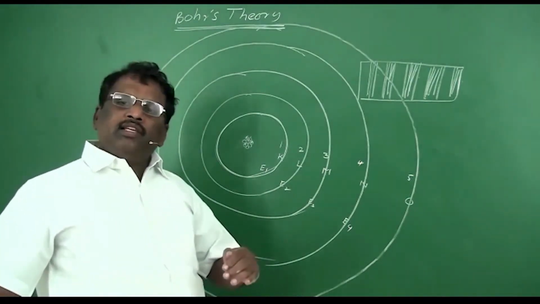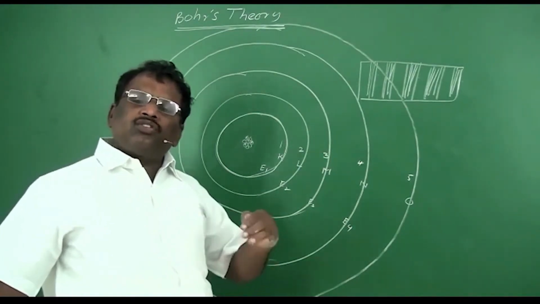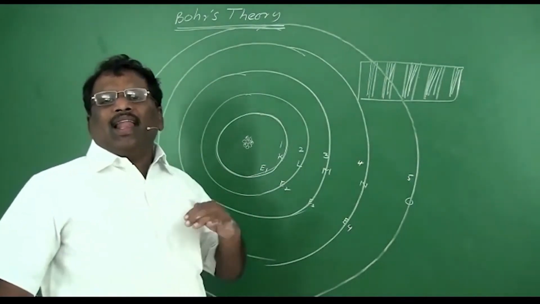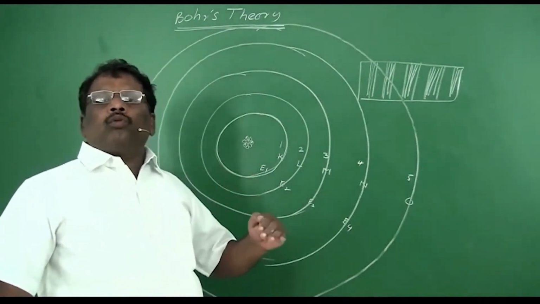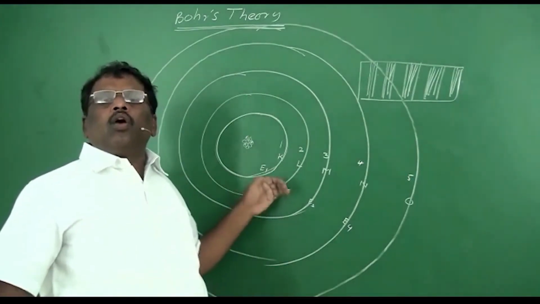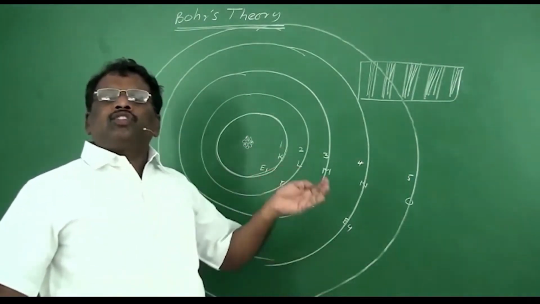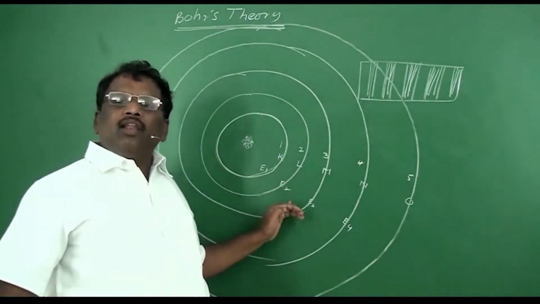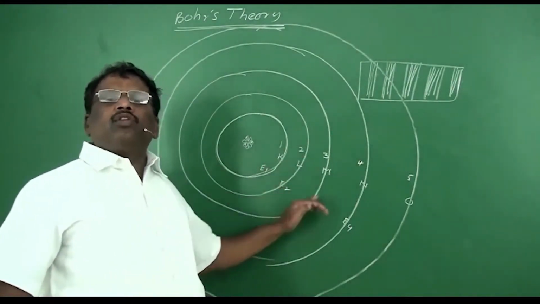The electron is also associated with a certain amount of energy. The electron can revolve or be present in this energy level when the energy of the electron is equal to the energy of the energy level. Then only the electron will revolve here.